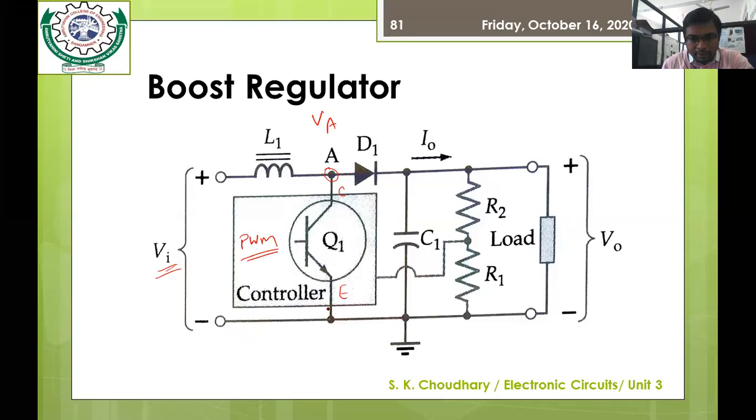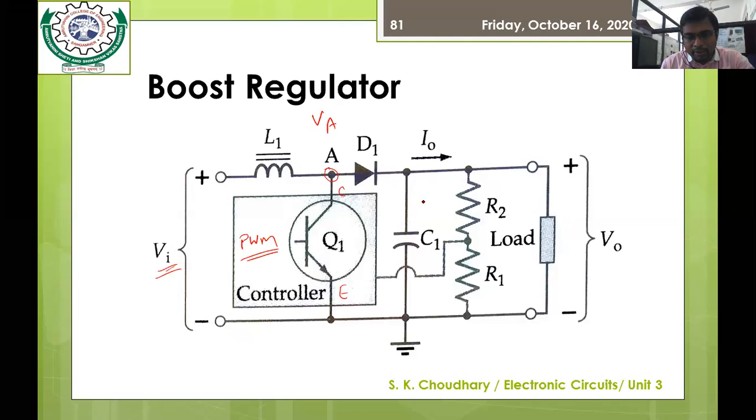The emitter is connected to the ground. The polarity of D1 is clear: it has an anode and a cathode, so the anode is always positive and the cathode is always negative. But we will see how its polarity changes according to the operation of the circuit.